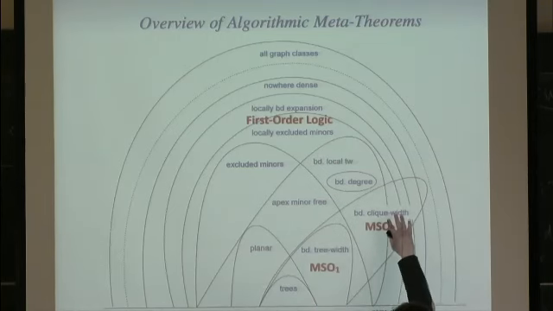MSO1 is tractable on bounded clique width graphs, which is basically on cliques, for instance. Yeah. And then first order logic is up here. So at the moment it is at locally bounded expansion. I guess most people working there conjecture it to be somewhere here, but it can't go beyond nowhere dense. Right? And this you'll see somewhat later, how this goes.